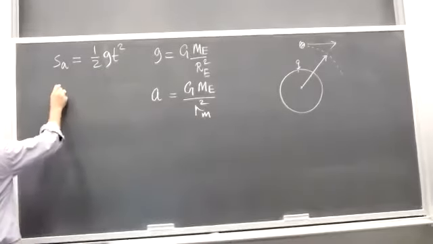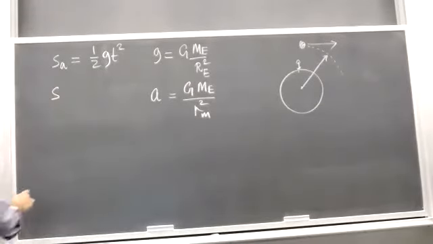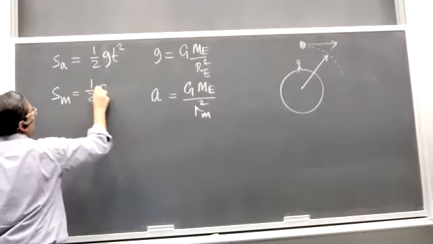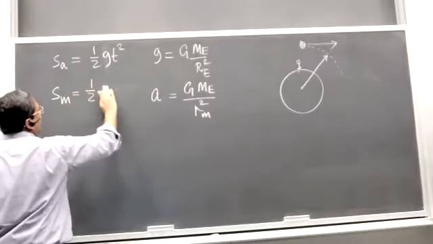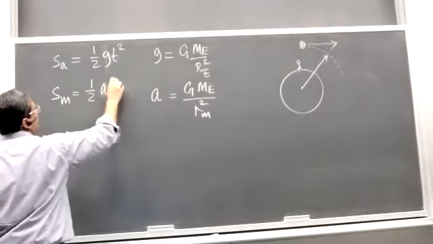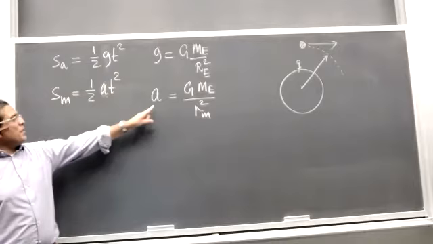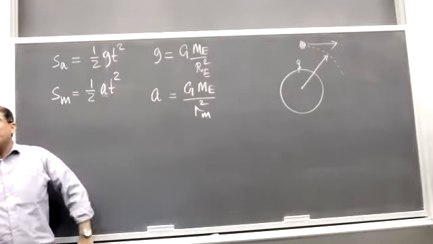Now, the distance that the moon would cover, the equation is the same, okay? Half AT squared. But can you tell me which is larger, A or G?